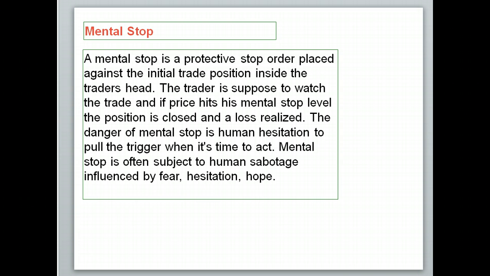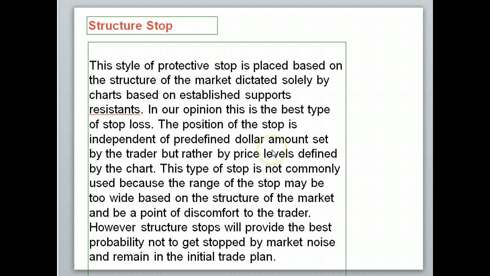Next type of stops, structure stop, which in my opinion they are by far the best. This is a protective style of stop that you place based on the structure of the market, dictated solely by charts, based on established support and resistance levels.